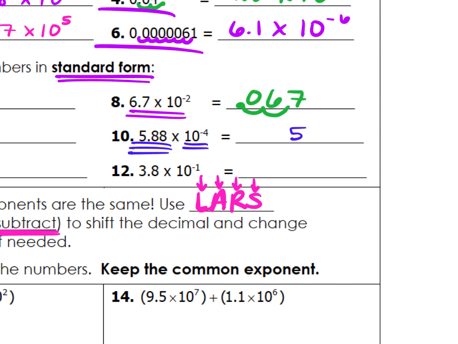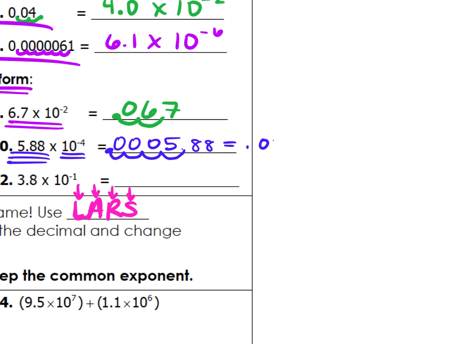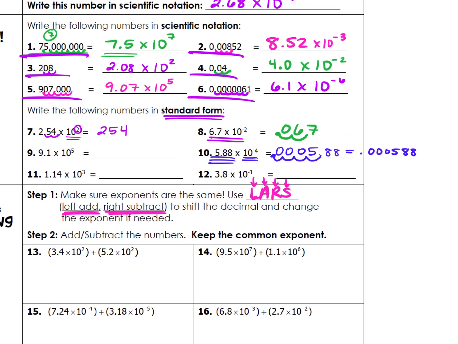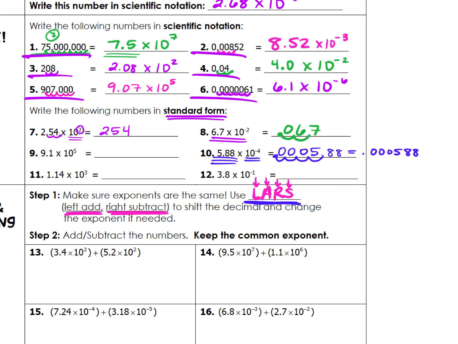So if it was 5.88, and I need to make my number smaller, I'm gonna go 1, 2, 3, 4, which means I gotta drop 3 zeros in there. So you should get 0.000588.